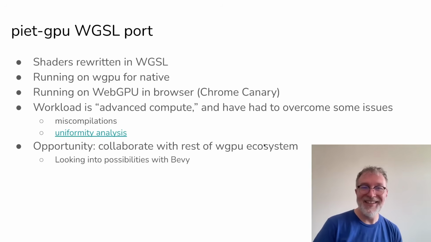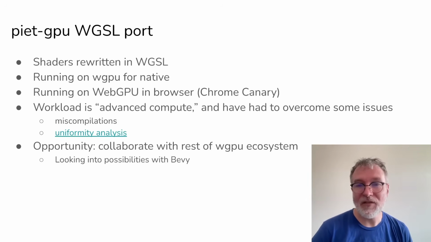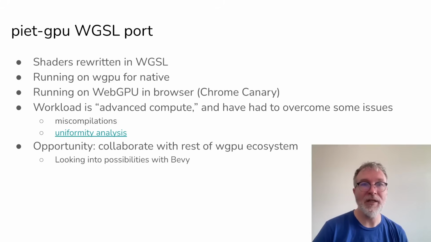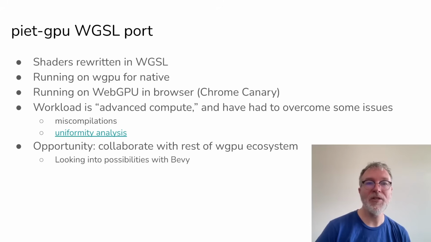Yes, the next slide. So this is very new work. We just in the last few weeks have completely rewritten the pipeline in WGSL, which is the WebGPU shading language. And we have this running on wgpu for native. That's the Rust implementation of WebGPU, and that's running pretty well.